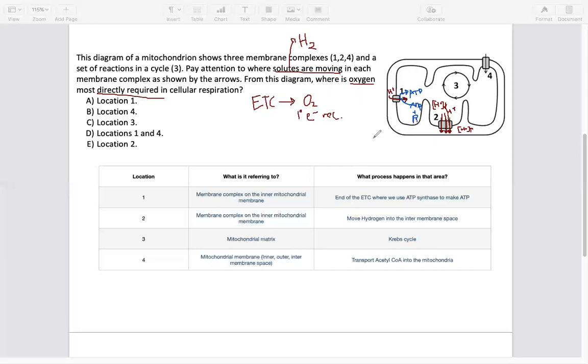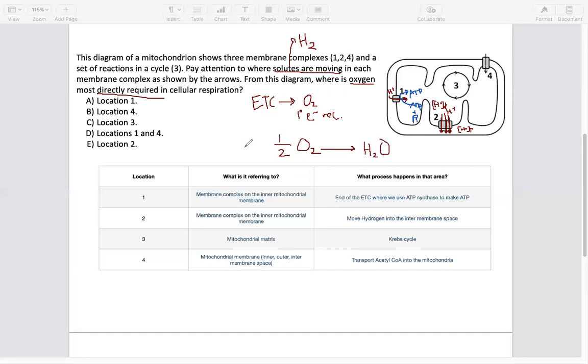Where oxygen is required is that once we're moving these hydrogen ions out, remember that oxygen takes in the electron and it ends up making water, right? So we have our 1/2 O2, and we take in the electron and we end up making water.